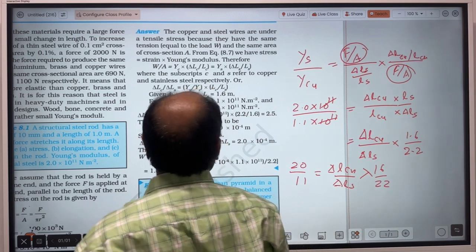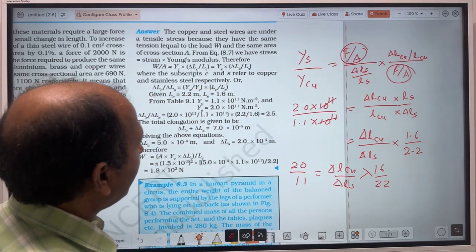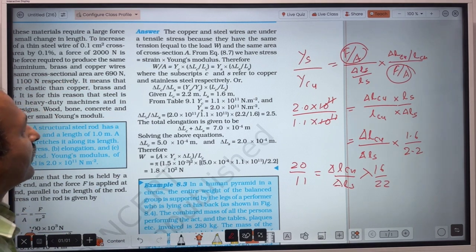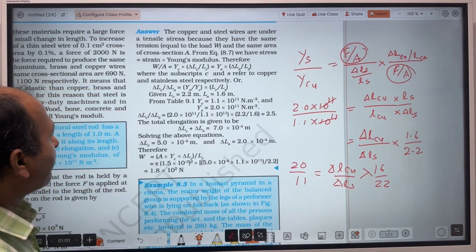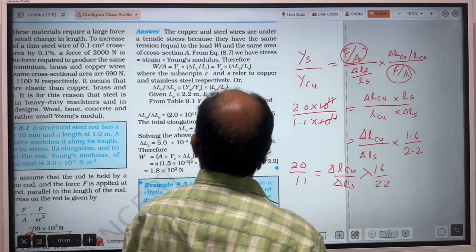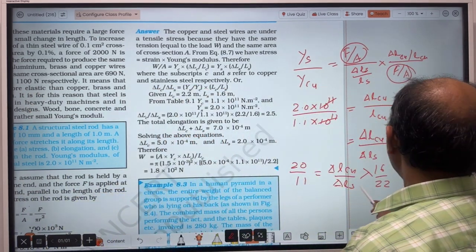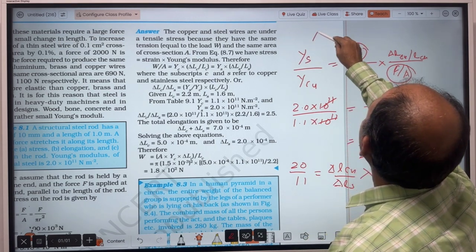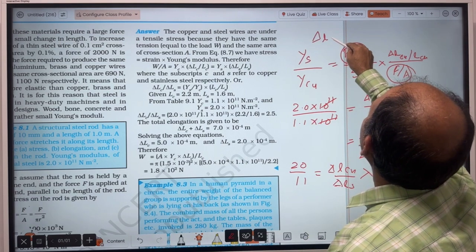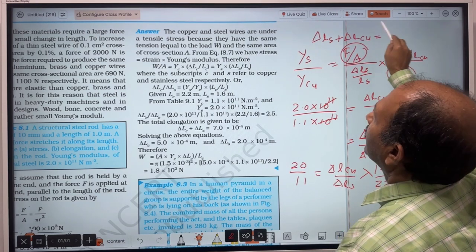We create a relation. So what will be the relation? We will get the values from here, one ratio will be there, and then we have another relation, delta Ls plus delta L copper.